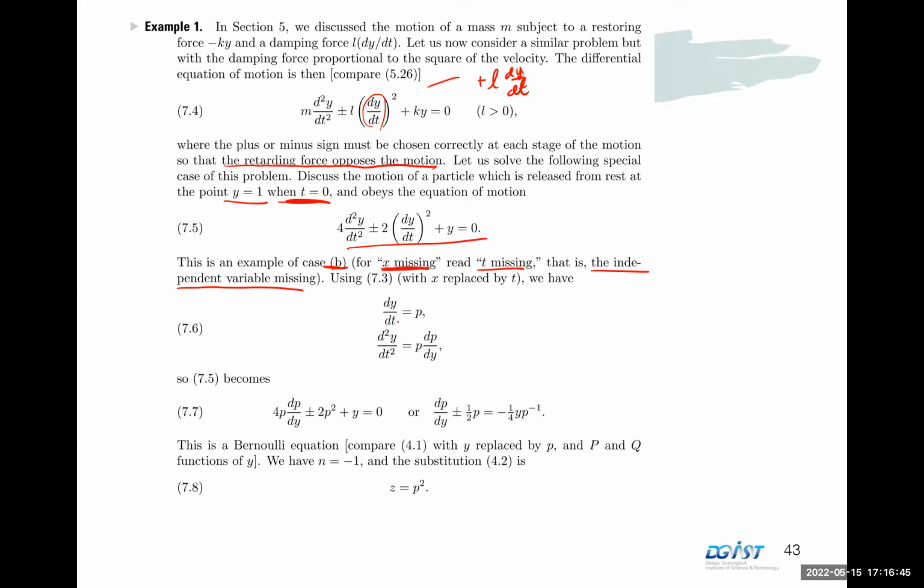So let's define the new variable p. Actually, we say this is v, but in general we say just p. And we can rewrite the equation in this form.